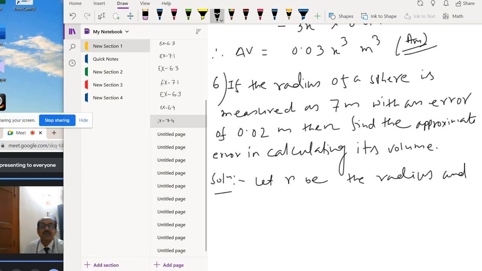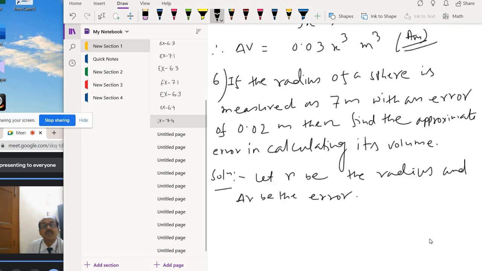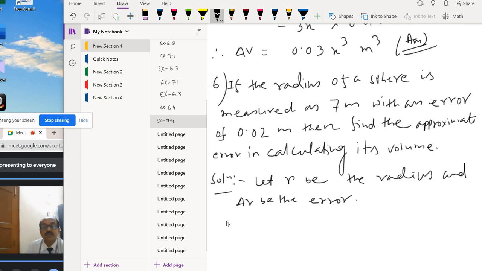Then it is given in the question that the radius is 7 meter, so R equals 7 meter and delta R, the error, equals 0.02 meter.